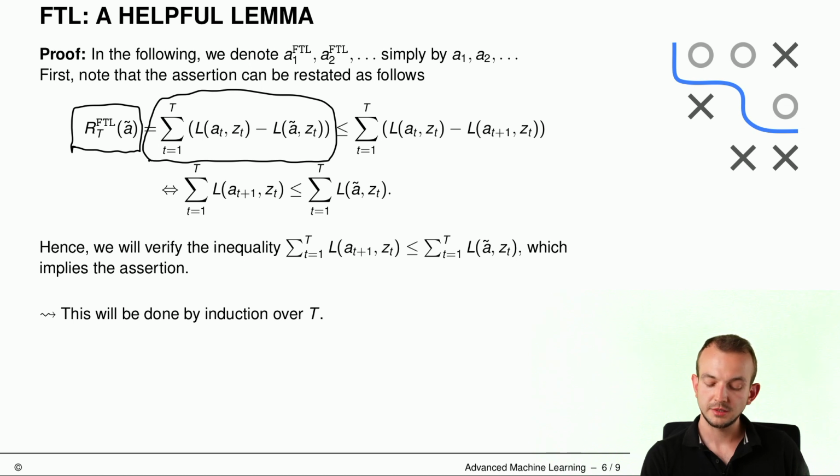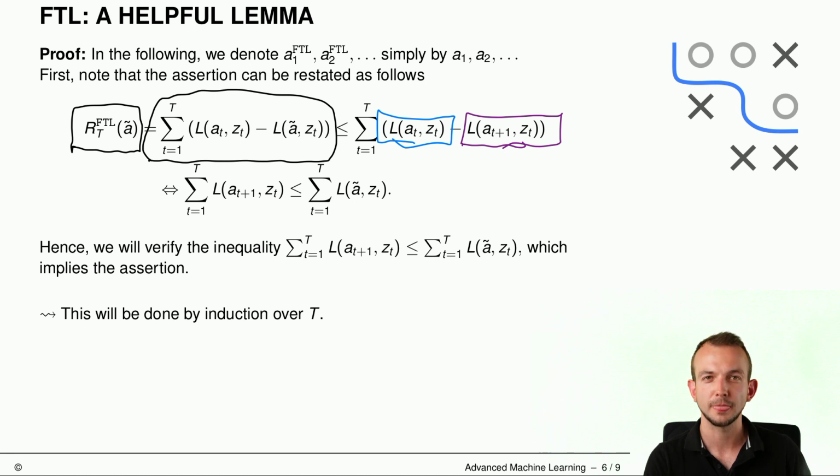We want that this here is bounded by the difference of the cumulative loss of itself and this cheater version. Now the difference between its cumulative loss and its cheater version, where we have this A t plus 1 here.